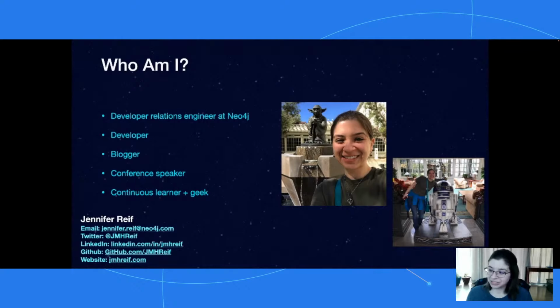I really enjoy that. Even in my off personal time, I'm just a geek and I enjoy being that way. So again, contact information is down there in the lower left, and feel free to ask questions today along the way or at the end.